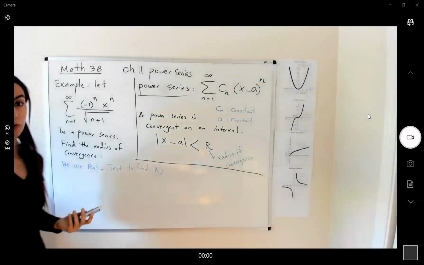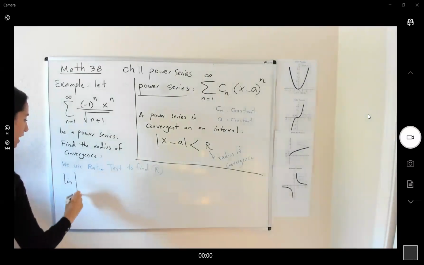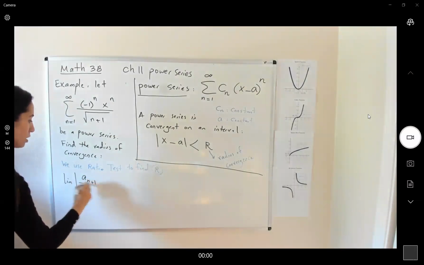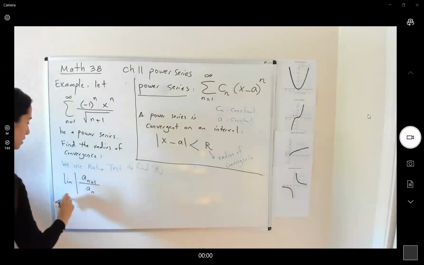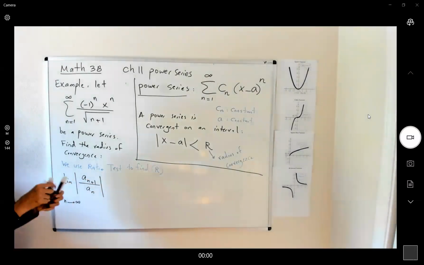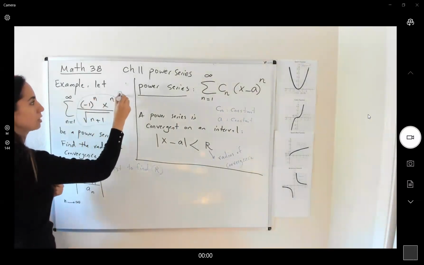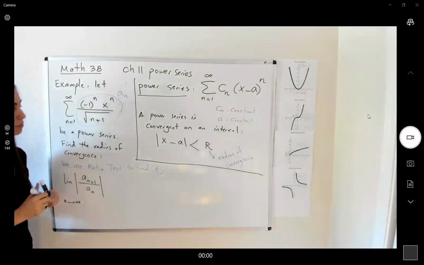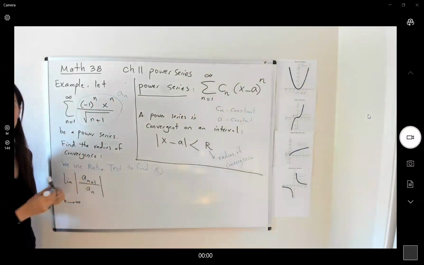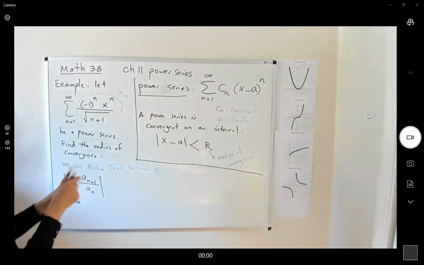So remember the ratio test. The ratio test was the limit of the absolute value of a_(n+1) divided by a_n, while n goes to infinity. So your a_n is the whole general term for your series. So a_(n+1) means that whenever we see n, we add 1 to it.